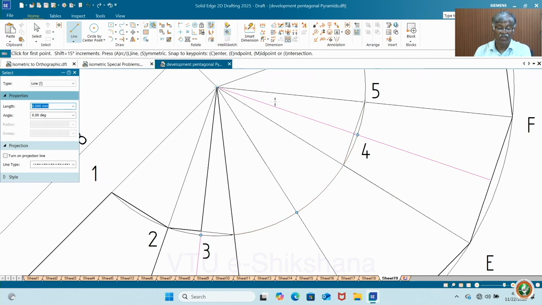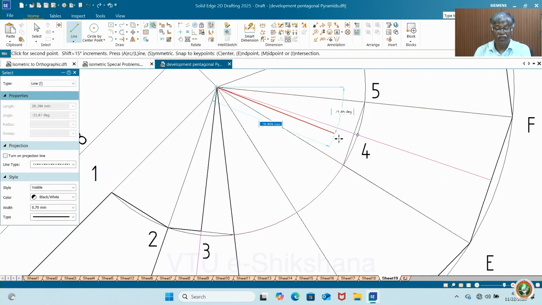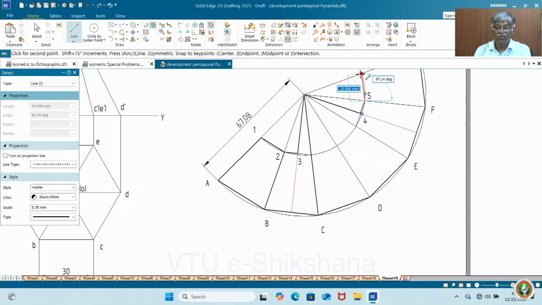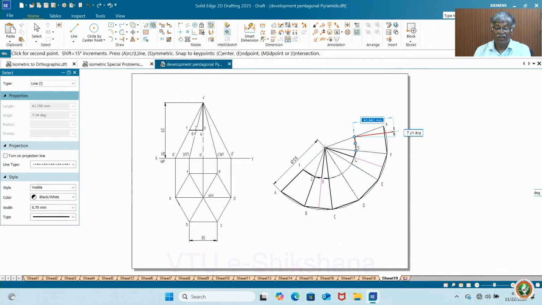Now take this line command, already we are in line command. Then change it to 0.7. Start this. 4 to 5. Again 5 to 1. Then see that this line is dark.